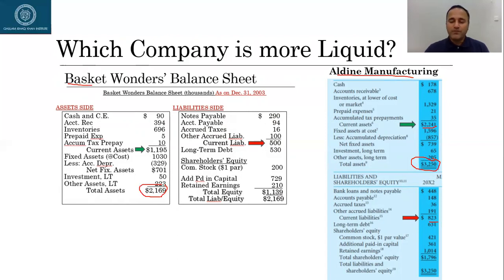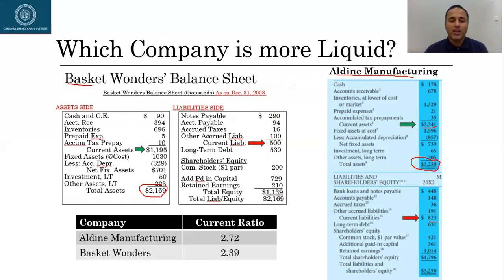So in order to answer the question, which one is more liquid, we have to calculate some ratios. And one of the ratios is current ratio. I'll actually tell you in the next few slides how we calculate current ratios. For Aldine Manufacturing, the current ratio is 2.72, and for Basket Funders it is 2.39.